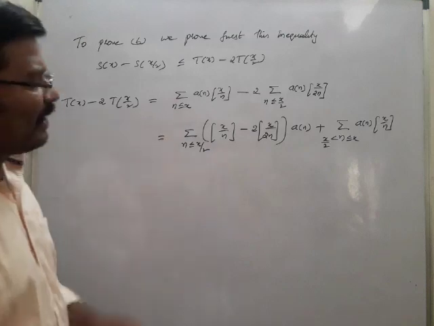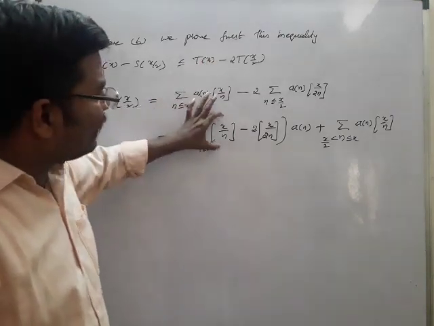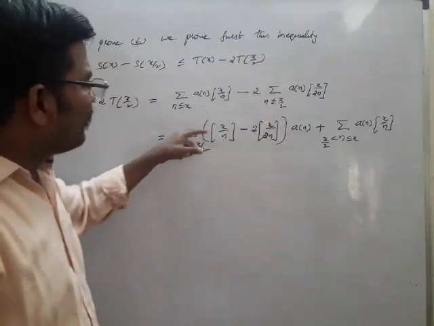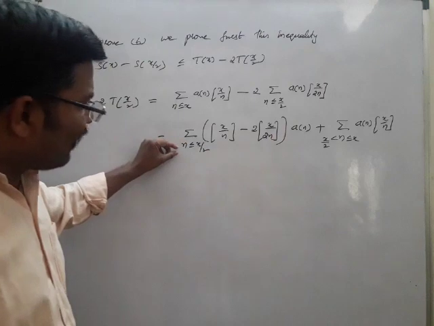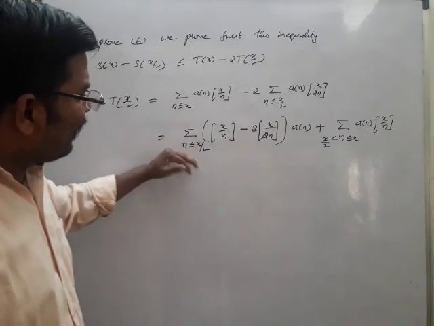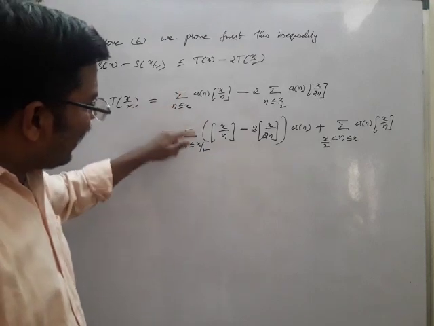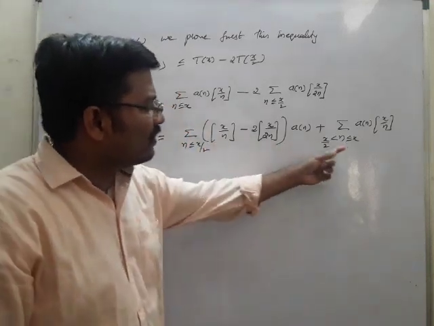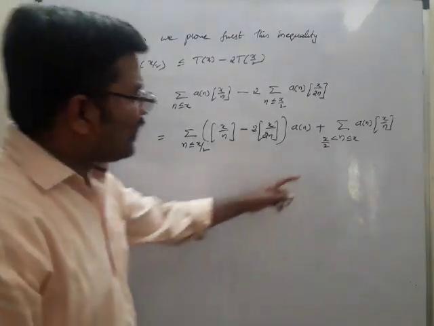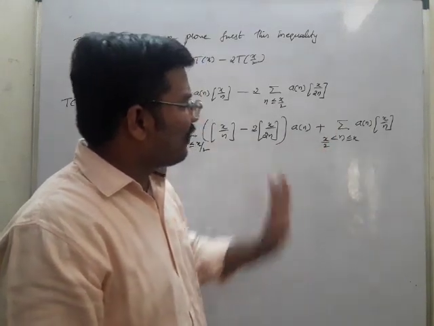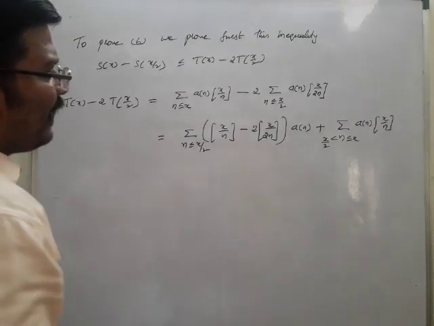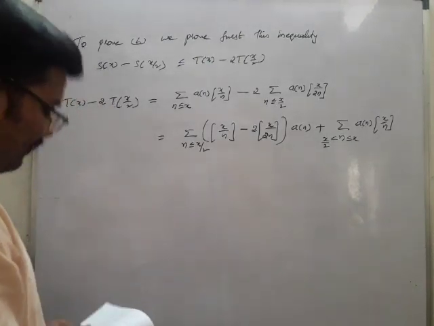So what I am doing is taking this x by n here and x by 2n here, that is 2 into this. I am taking a of n common, since this is x by 2n, so I have taken n less than or equal to x by 2. So strictly, x as well as x by 2 will be in this form. The remaining terms I am writing here: the summation over n greater than x by 2 and less than or equal to x of a of n and x by n, that we have taken.